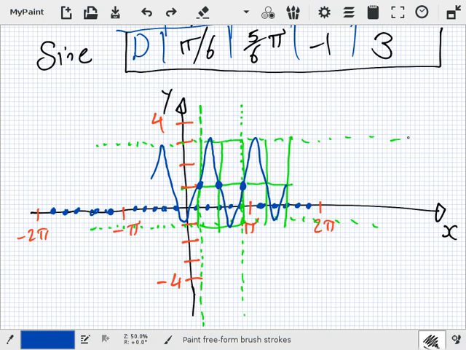At 0, I believe it does. Yeah, because how big is my box? I said it's 1, 2, 3, 4 units, and 0 is 1 unit to the left. So this point should be the mirror image of this point, which is 1 unit to the right.